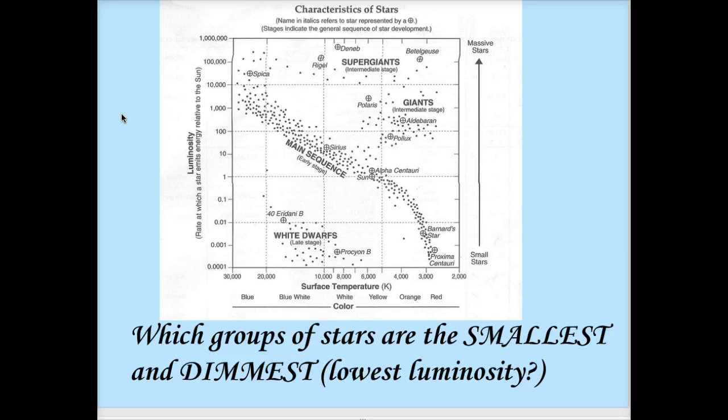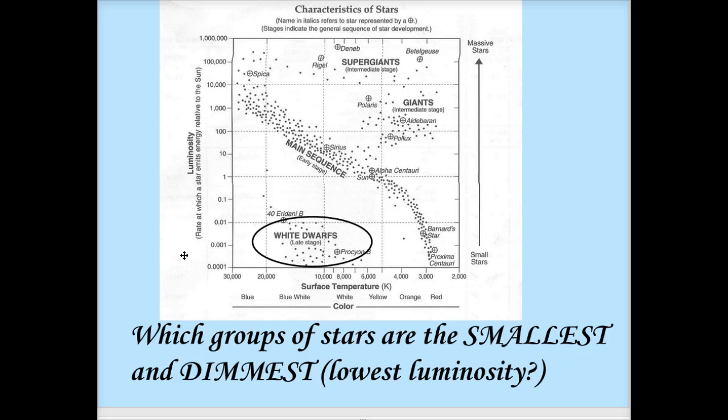Alright, another thing is we can look at what group of stars are the smallest and the dimmest. If we're looking for small stars, we're looking at the bottom of the chart, of course. And we're looking at the bottom of the chart for low luminosity too. So that brings us back to those white dwarfs.